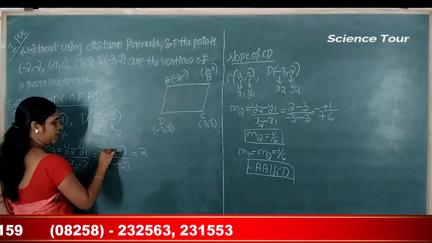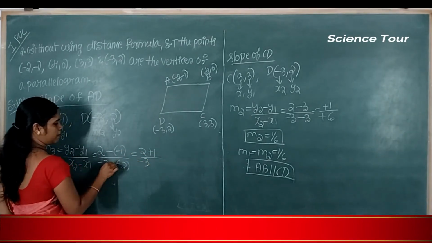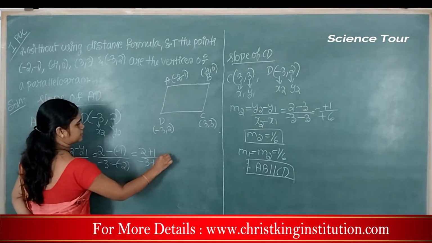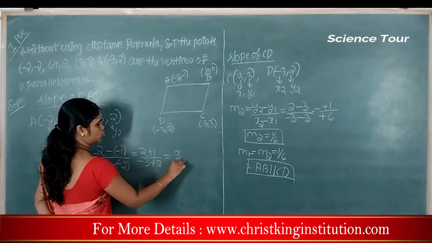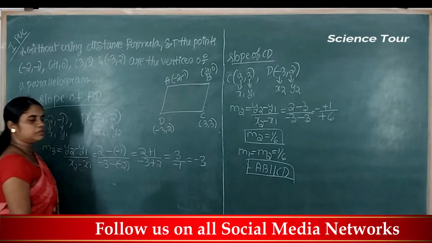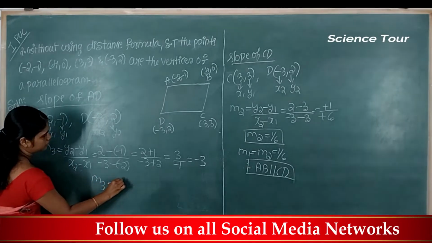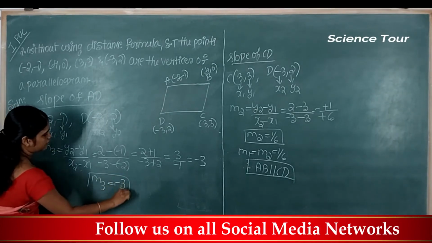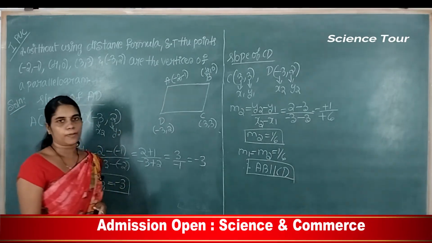So 2 minus into minus will become plus, minus 3 minus into minus will become plus. So 2 plus 1 is equal to 3, minus 3 plus 2 is equal to minus 1. So 3 by minus 1 is nothing but minus 3, isn't it? So therefore what is the value of m3? m3 is given by minus 3, isn't it? So m3 is nothing but slope of AD.